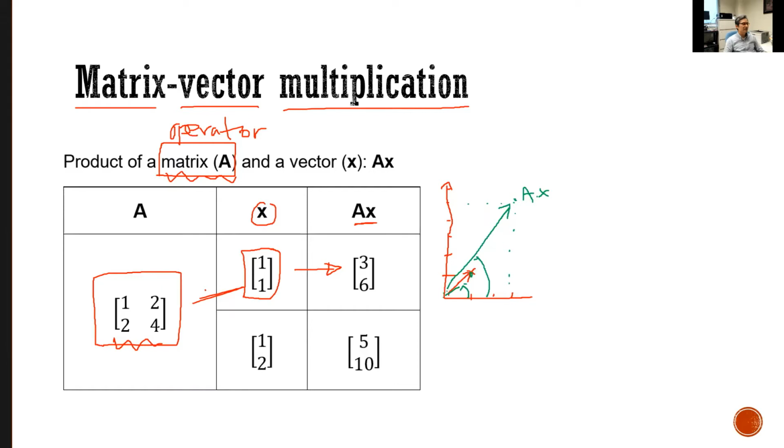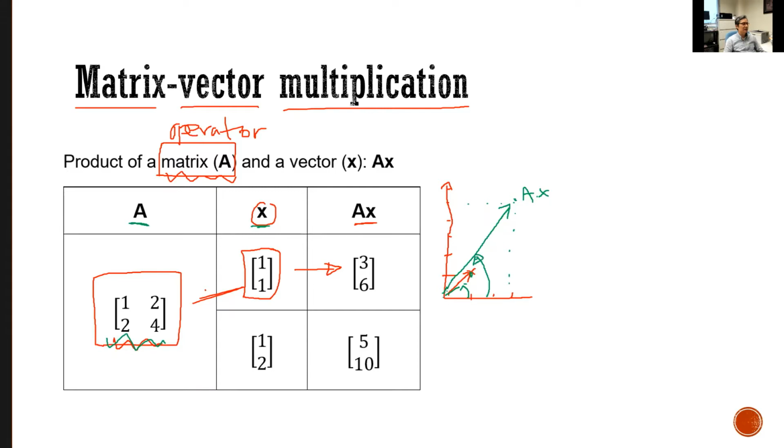So the effect of this transformation by matrix A applied to data point X is to stretch, so scale the length to the origin, stretch the data point, and also rotate.